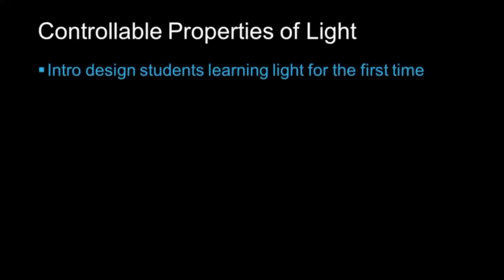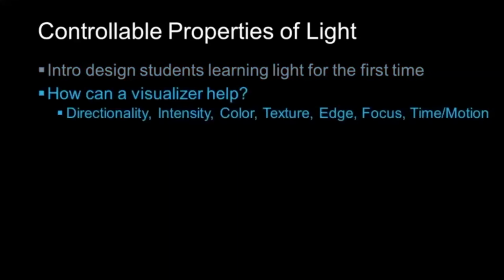So as we look to replace those things, my mind went back to some of my design training, which is talking about some of the fundamental characteristics of light, the controllable properties of light that we discuss and learn.